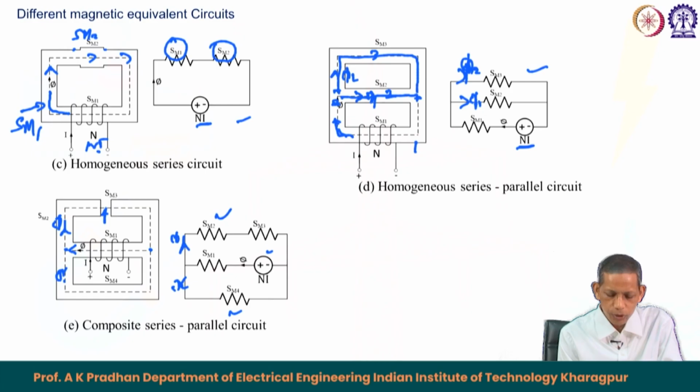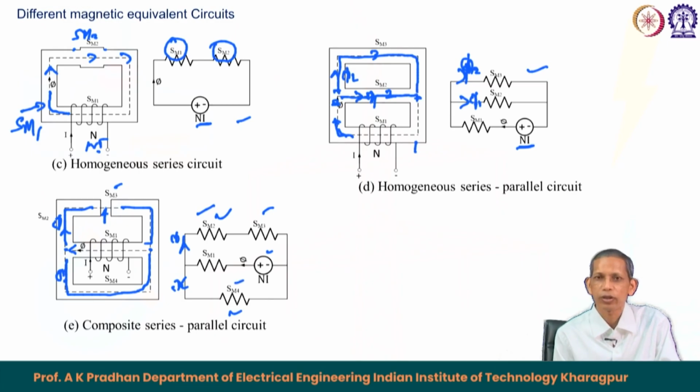The reluctance for the air gap becomes SM3, and the combination of core part and air gap part gives SM2 and SM3, two reluctances. For the lower part, the whole core from this to this path constitutes SM4, the reluctance for magnetic path 4. So the circuit looks like this.